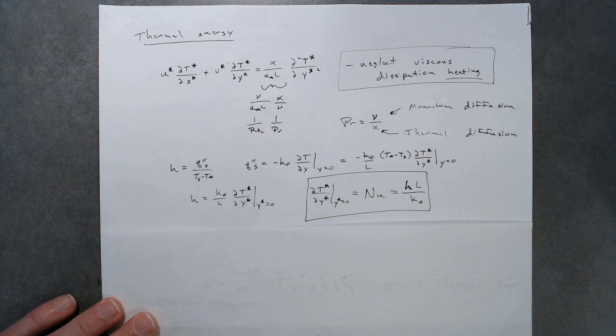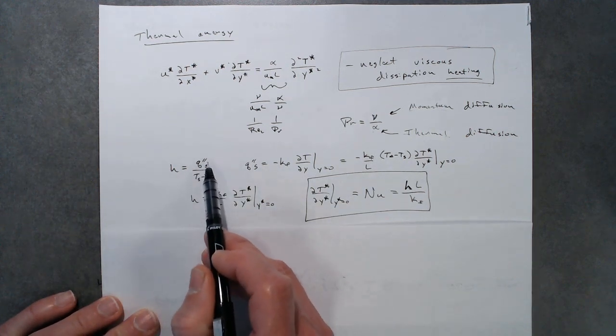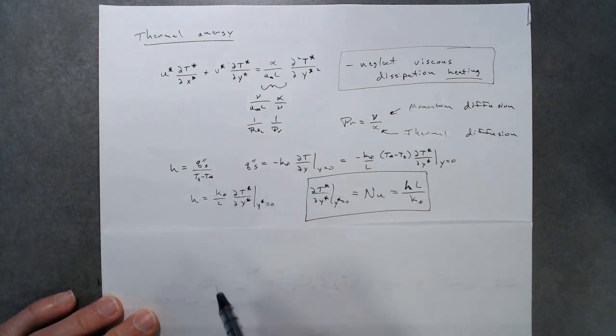So in analogy to what we considered before, for fluids, we were interested in the drag on a surface, or again, the rate at which the flow gave up momentum to a surface. In heat transfer, we're interested in the rate at which thermal energy is transferred to the surface or from the surface.